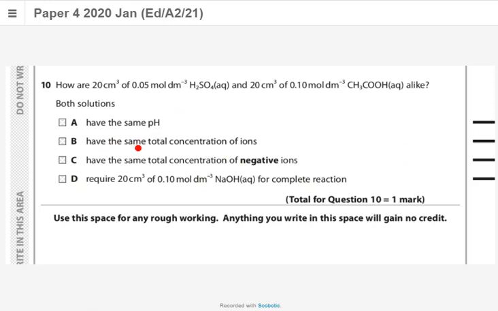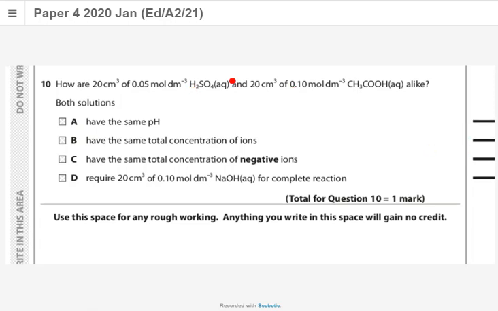They have the same total concentration of ions. Let's see if that is possible. No, because sulfuric acid will not dissociate this way. I think we had a detailed discussion. If that happens, then you're correct.